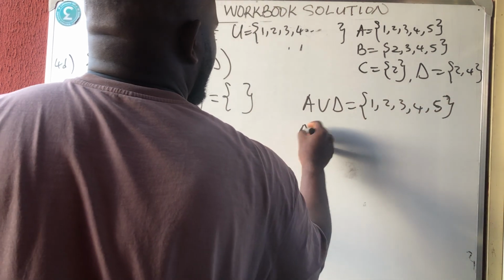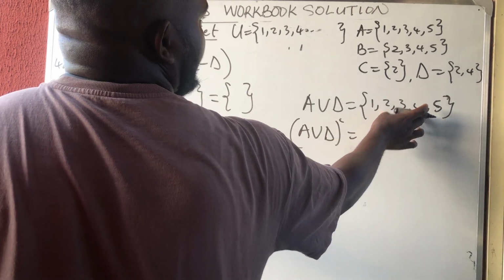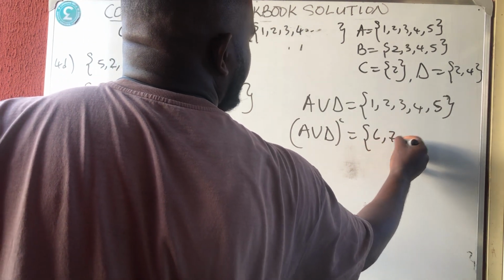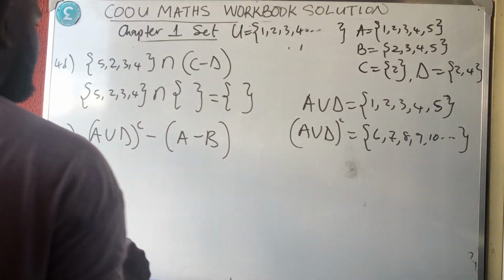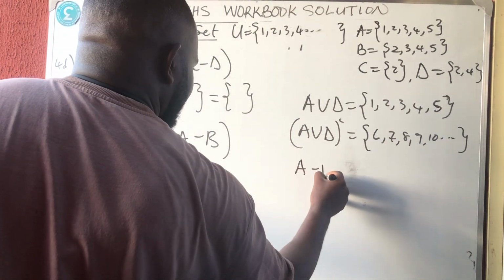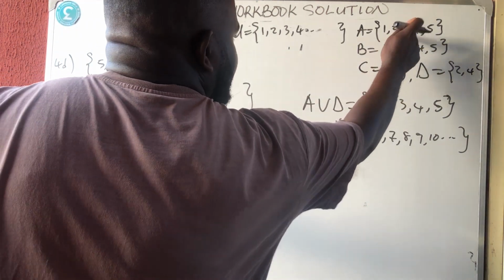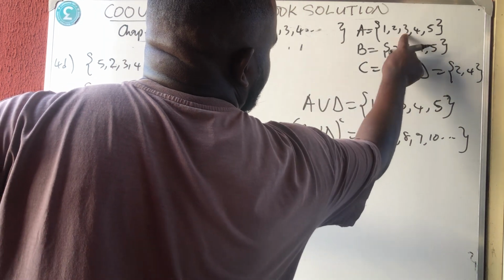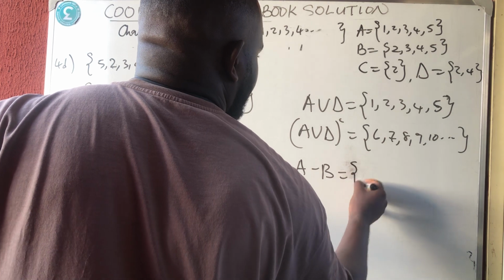Then the complement means remove this from the universal set, so I'm left with 6, 7, 8, 9, 10 and so on. Then A minus B means remove B from A. I'm removing 2, 3, 4, and 5, so I'm left with just 1.